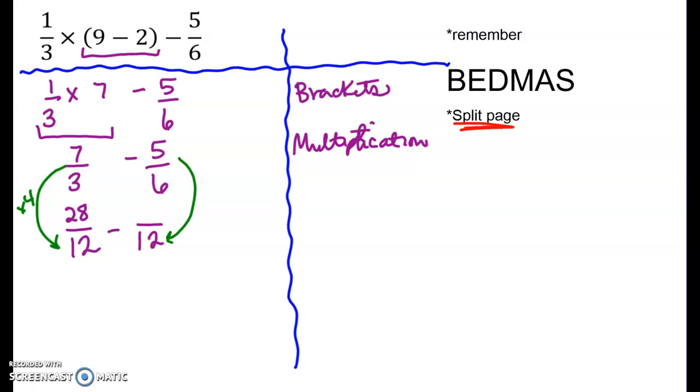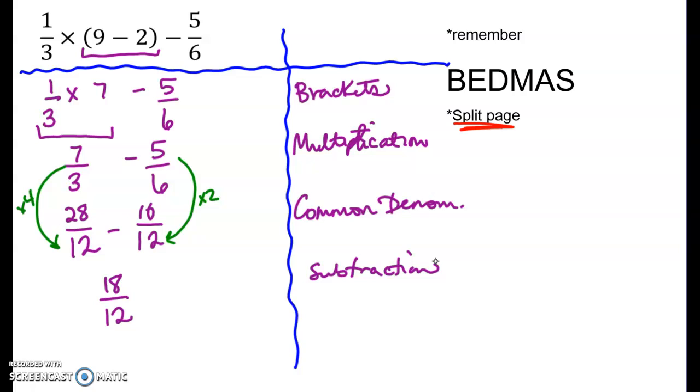And 6 times 2 gives us 12, so we need to do 5 times 2, which is 10. Once we have common denominators, and that's the reasoning here, we have common denominator. That's our reasoning. Once we do that, we can do the subtraction. 28 subtract 10 is 18/12. What we did there was subtraction.